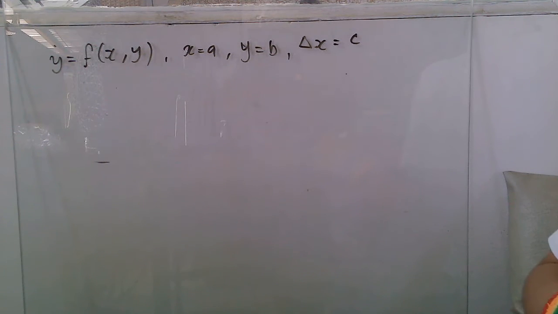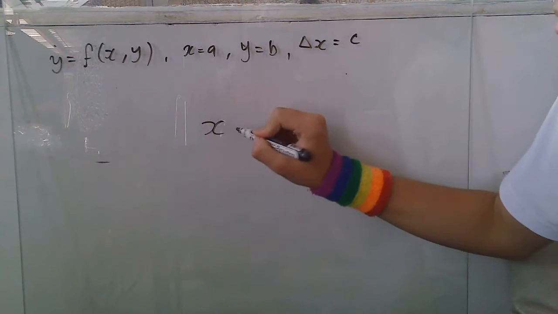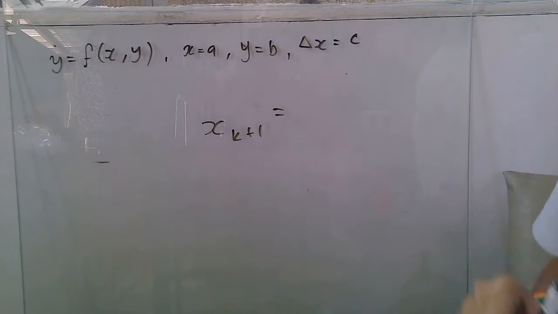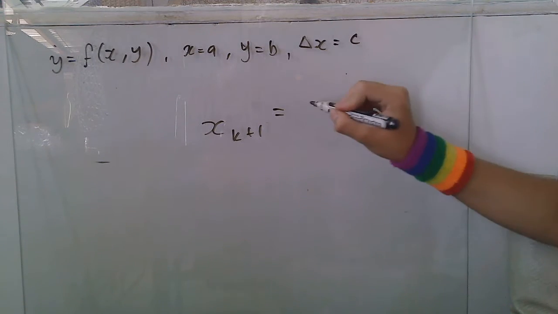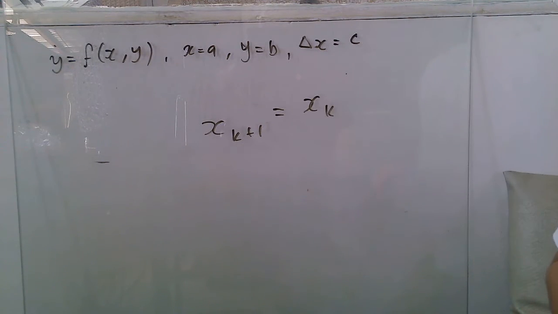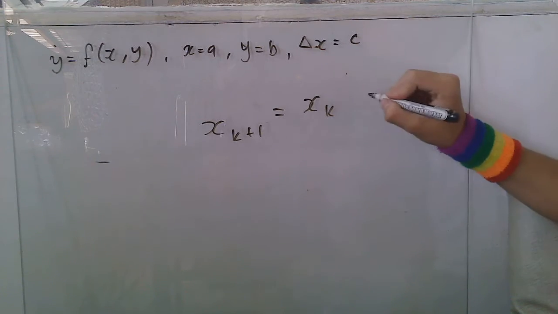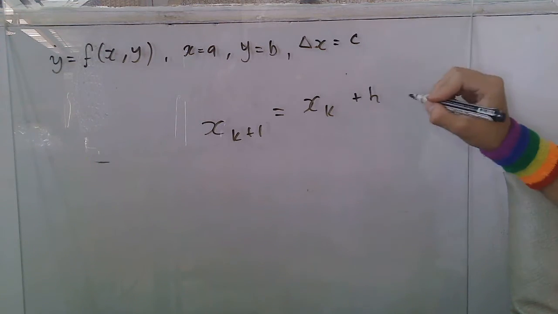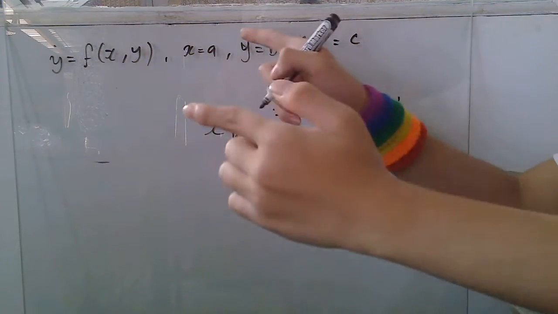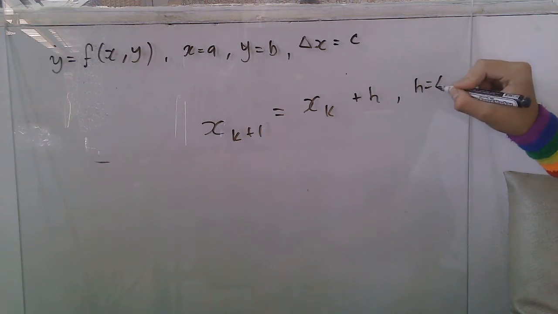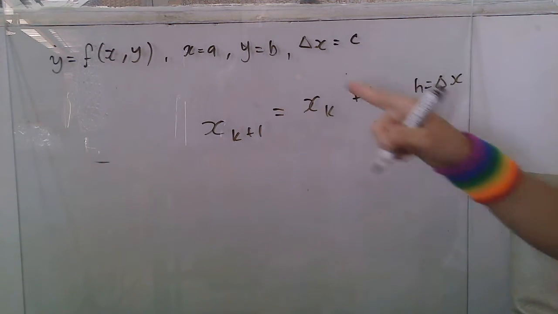So for this one, x sub k plus 1 is equal to x sub k plus h. I just want to note that h is basically delta x. H is equal to delta x, they are the same thing.